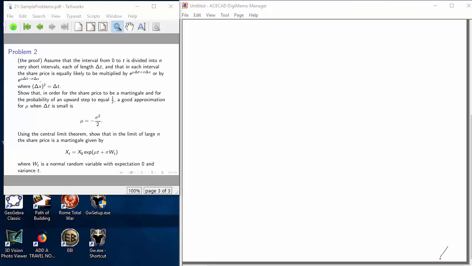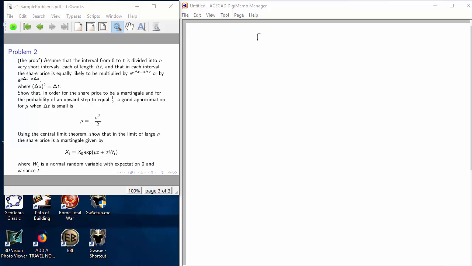So let's look at the exponent for a single step. This is because the exponent for n steps is going to be the sum of changes in the exponent for a single step, and I can apply the central limit theorem to that.